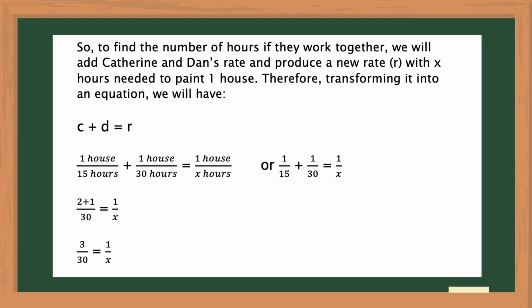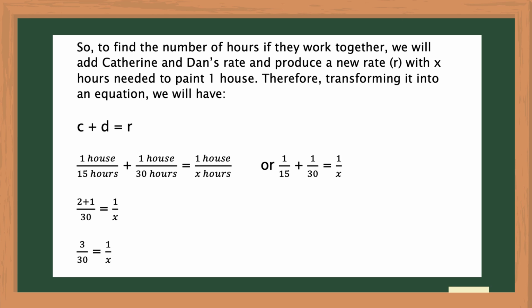So to find the number of hours if they work together, we will add Catherine and Dan's rate and produce a new rate R with X hours needed to paint one house. Therefore, transforming it into an equation, we will have C plus D is equal to R: 1 house over 15 hours plus 1 house over 30 hours is equal to 1 house over X hours.